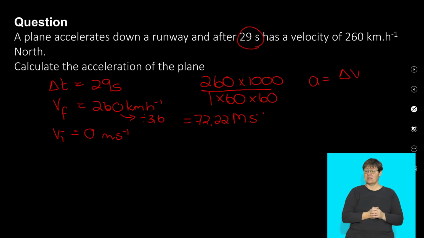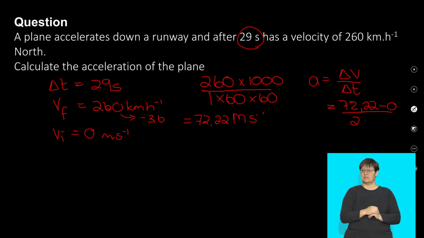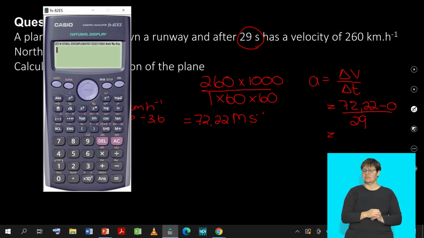All right, so acceleration is change in velocity over change in time. 72.22 minus 0, divided by, it's a very funny time, but that's okay, we'll take it. So 72.22 minus 0 is 72.22. Oh, look at that.